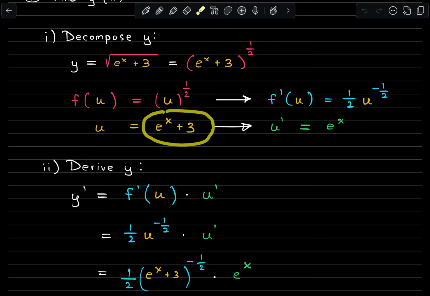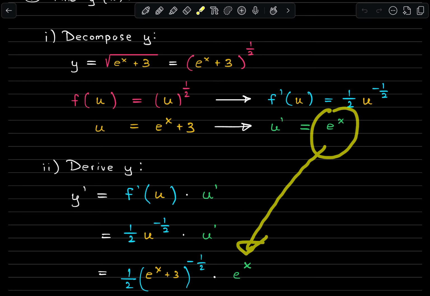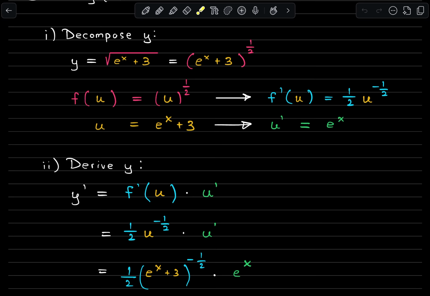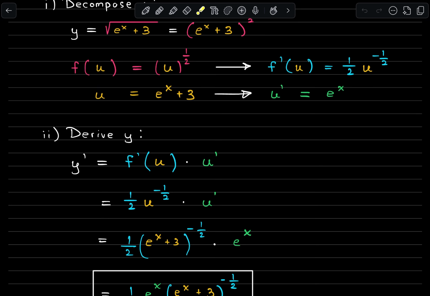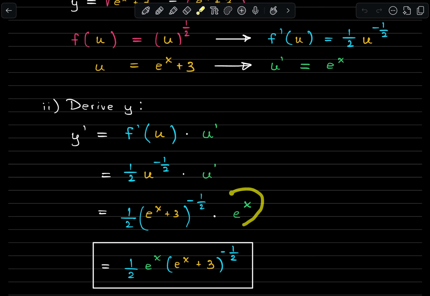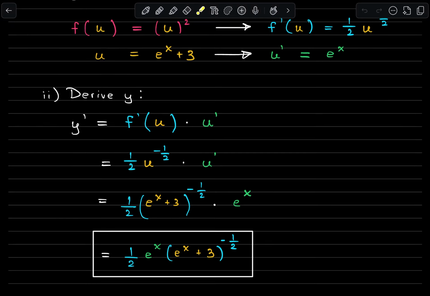So for u, I'm going to substitute in e to the x plus 3. That was our definition of u. And u prime is e to the x. Okay, so we're just multiplying these. We can just rewrite that with the e to the x up front, to make this a little bit more neat. So 1/2 e to the x times e to the x plus 3, all of it raised to negative 1/2. That's your answer by chain rule.